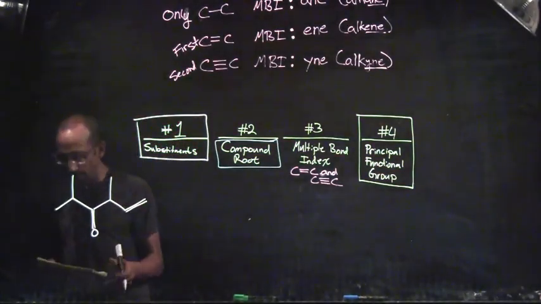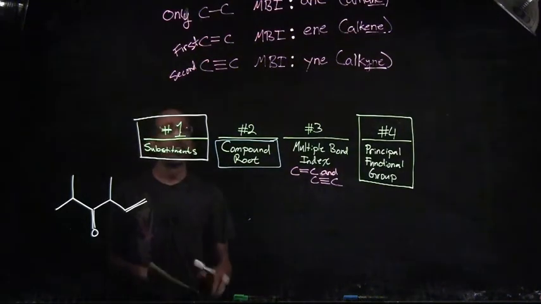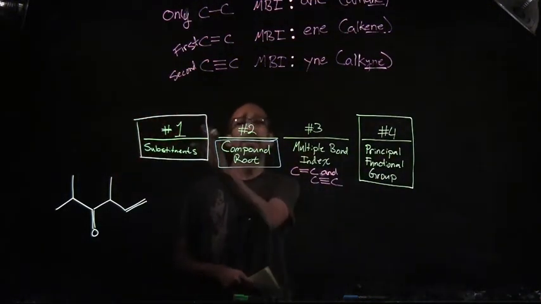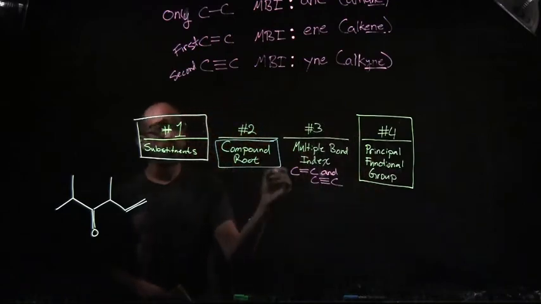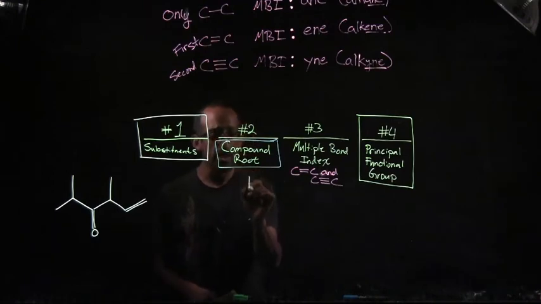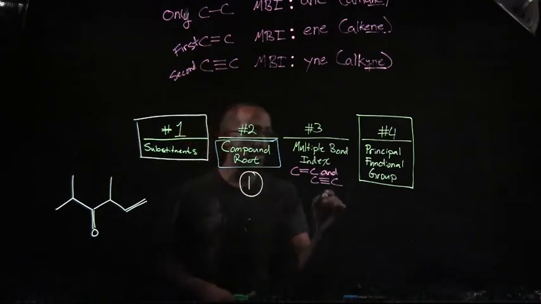This is about as complex as it's going to get. We're just going to go through these one at a time. The numbers above the lines indicate the position in the name. I'm going to write underneath the order in which we do this. So step 1, determine the compound root.